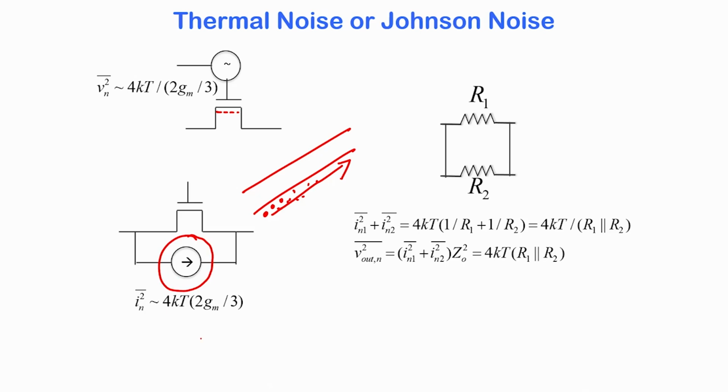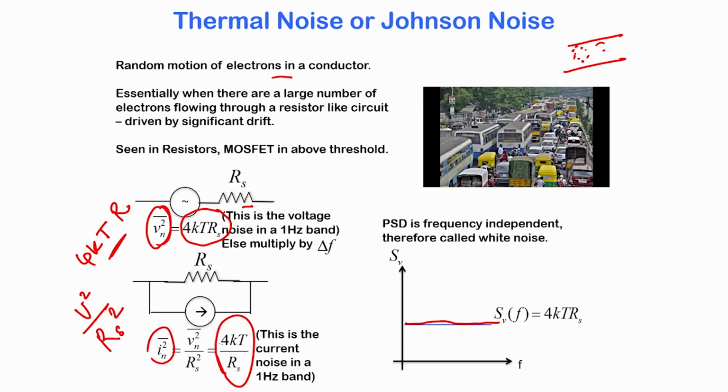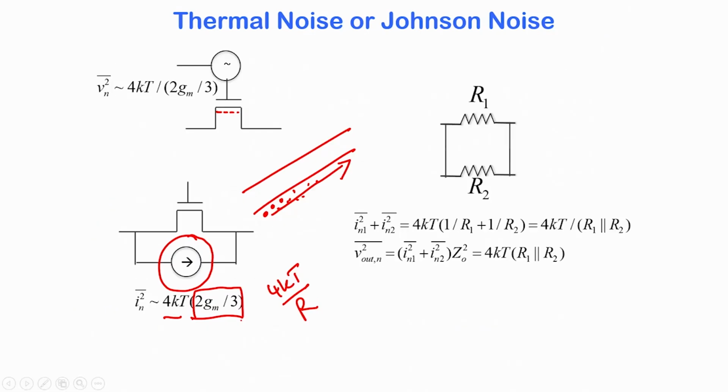For a MOSFET operating in saturation mode above threshold, it has a resistance which is approximately, in this case, you have your thermal noise current, which is supposed to be 4kT by R. So that was the thermal noise current, and that term here is approximately 4kT times 2/3 Gm, where Gm is the transconductance of the MOSFET.